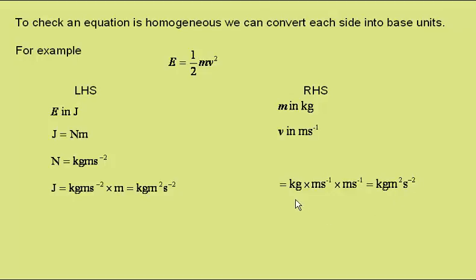We can ignore the half here because it has no units. So we have the left hand side kilogram meters squared seconds to minus 2, the right hand side kilogram meters squared seconds to minus 2. So the equation is homogeneous.